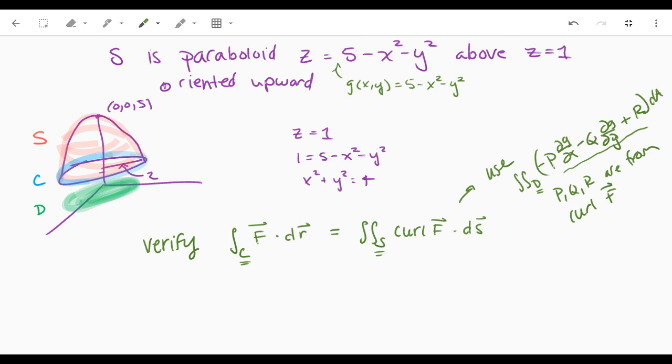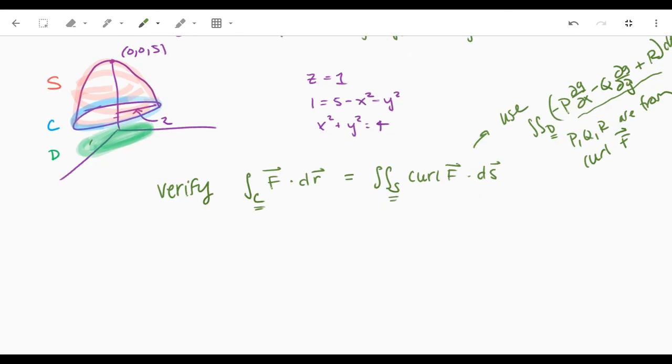Which, really, is almost like the dot product of the curl of F with the partials of G, with the exception of some positive and negative signs there, right? I should say with the gradient of G, okay? And that's equivalent to that weird expression over the surface D, okay? It's kind of crazy how all of those relationships just kind of work out. They're all equivalent, okay?